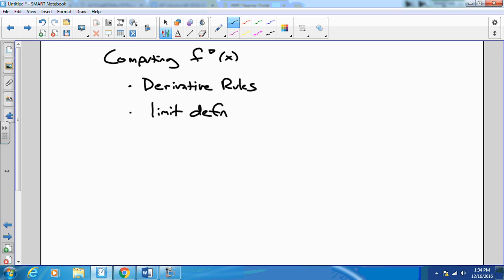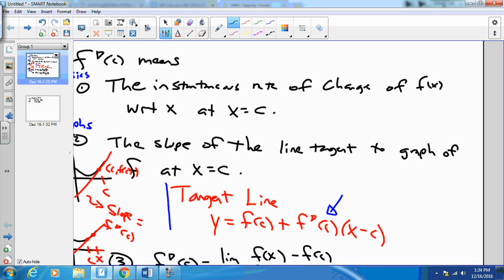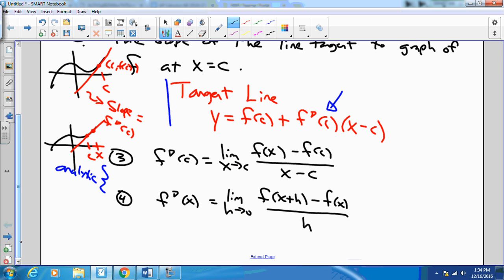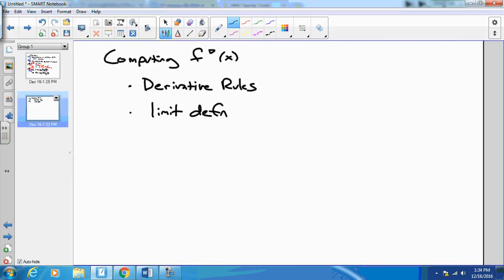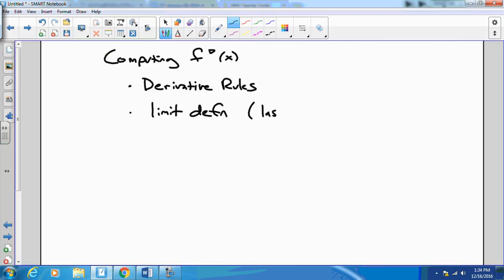And by the limit definition, of course, I mean either one of these guys right here. This is a last resort, and I do this only if I need it for a particular situation, such as a piecewise function at the joint.